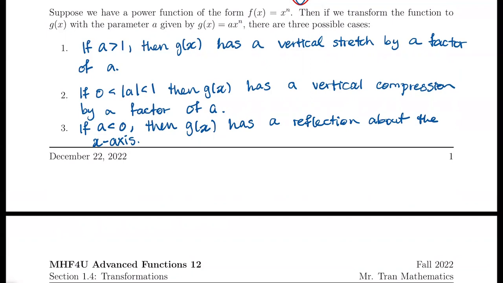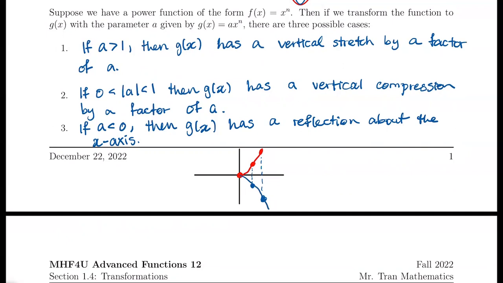So if we have something like this shape, for example, some function, then every coordinate is going to be mirrored to this point down here. Same thing with this one, it's going to come down here, and this is going to be your new function.